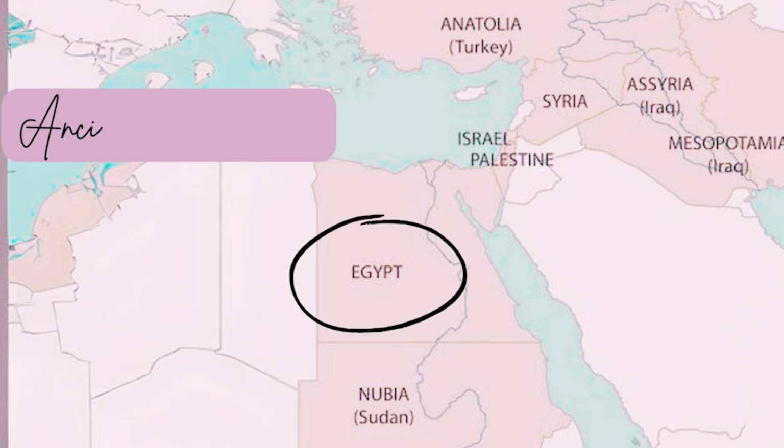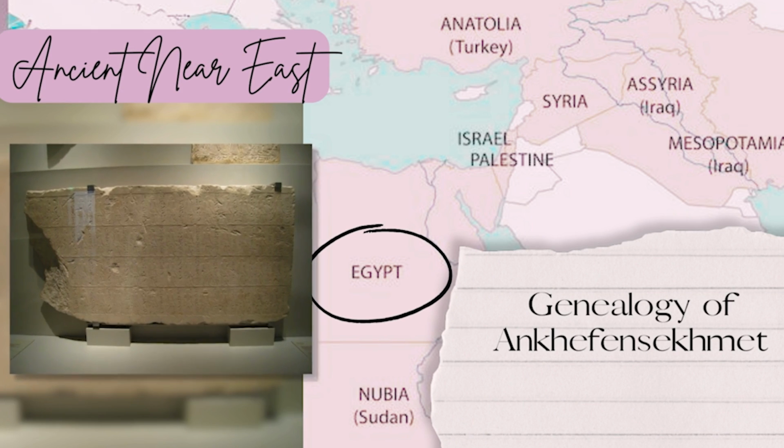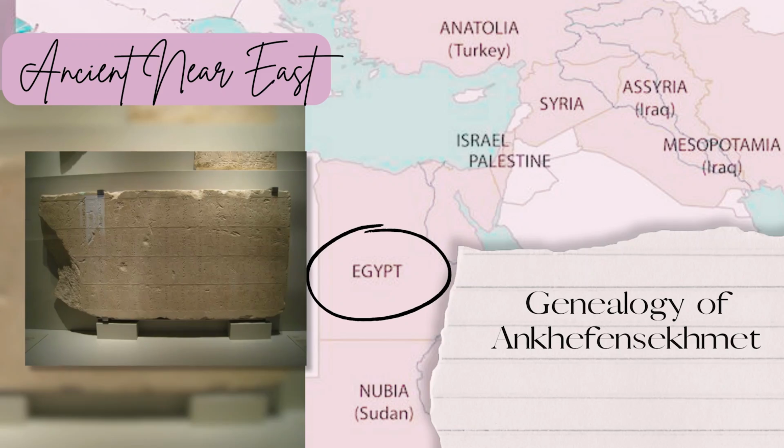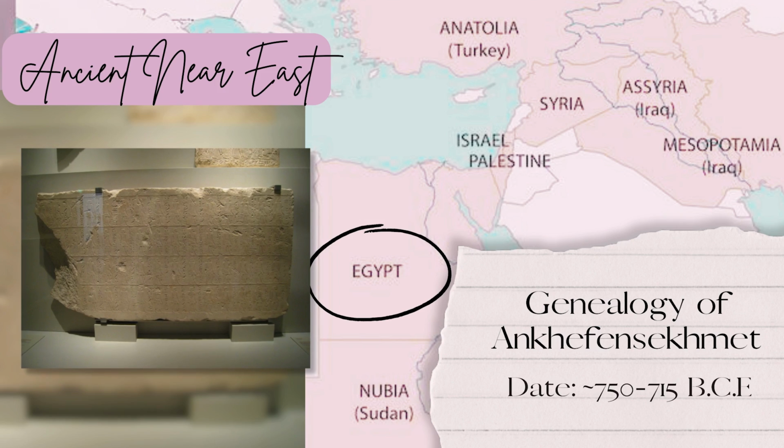From Egypt, we have genealogies like the genealogy of Ankhenset, this guy. And this one dates to the 22nd dynasty of ancient Egypt, around the reign of Shoshenq V, which is right around 750 to 715 BCE. And it doesn't stop in Mesopotamia and Egypt, y'all.